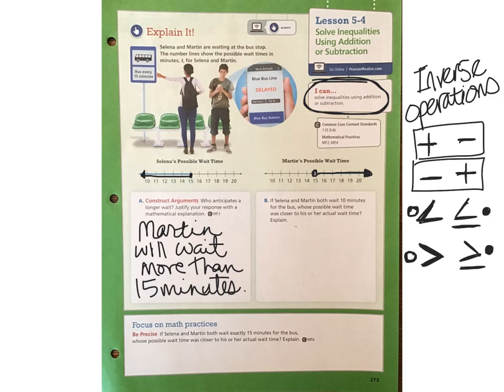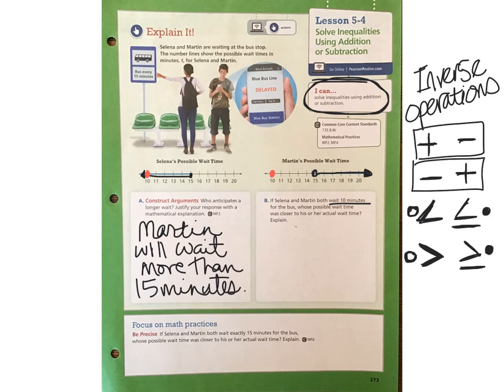Part B. If Selena and Martin both wait 10 minutes for the bus, whose possible wait time was closer to his or her actual wait time? Explain. So let's think about what would happen if 10 minutes was the actual wait time. So I'm going to use a red dot to signify that.